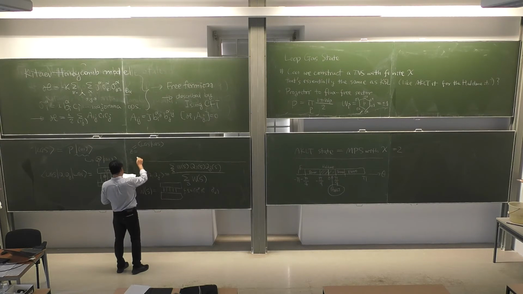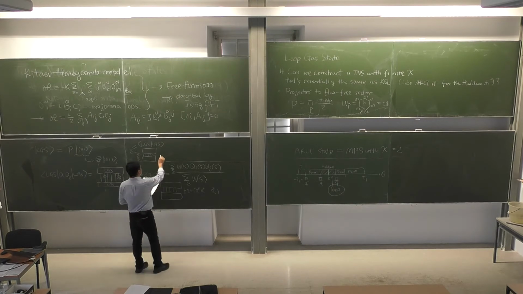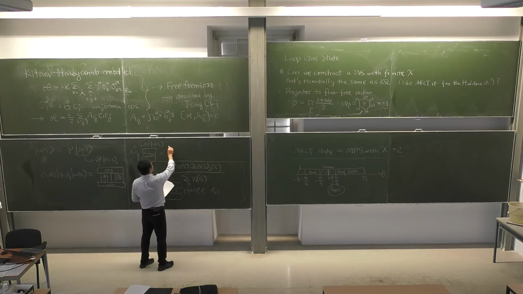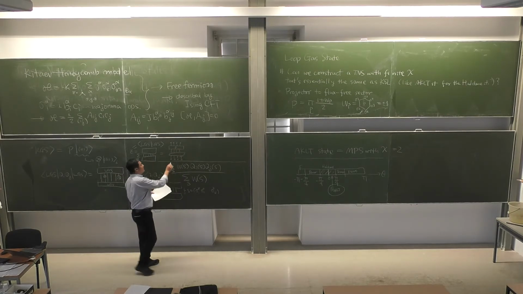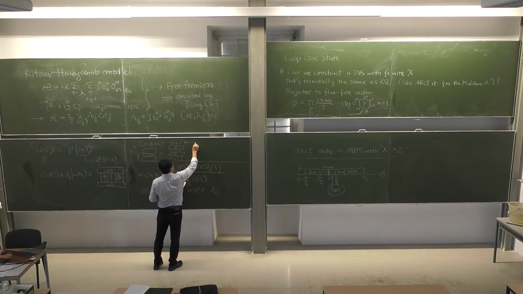And the partition function is, of course, something like this. And of course, the summation is taken over all possible spin states. And if you remember the structure of this loop gas state, then it can be decomposed into something like this. Here comes the projection operator P, another projection operator P, and this layer is basically the 111 state.